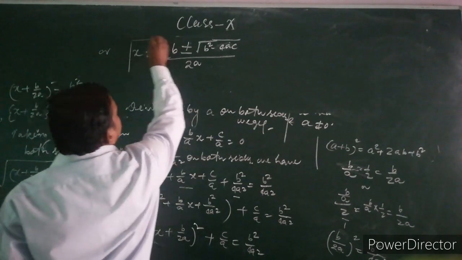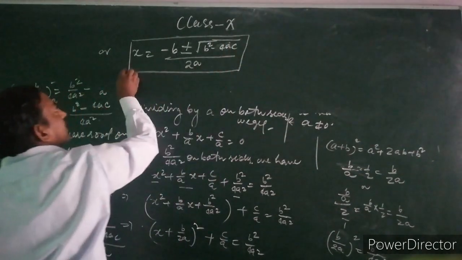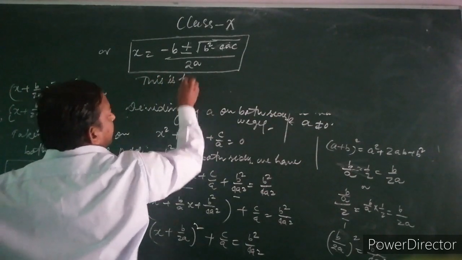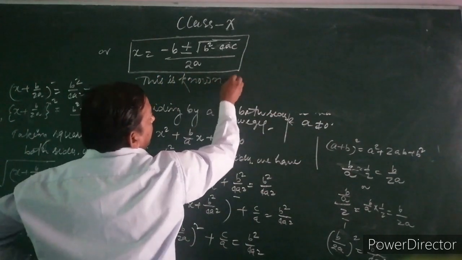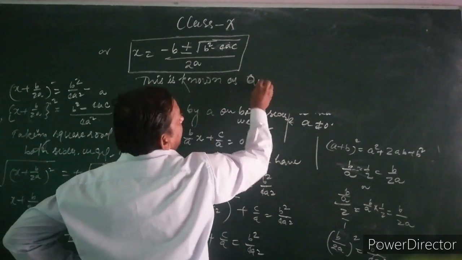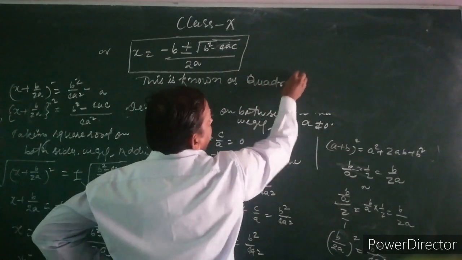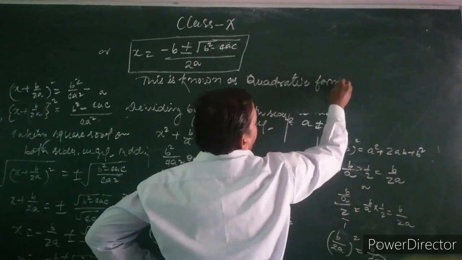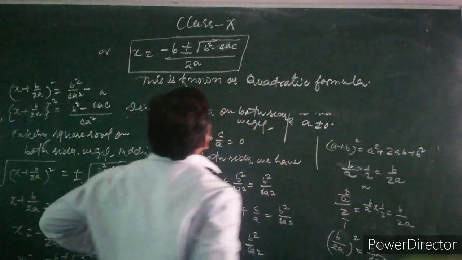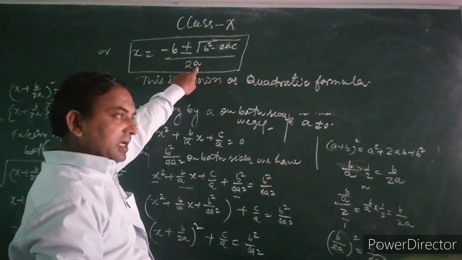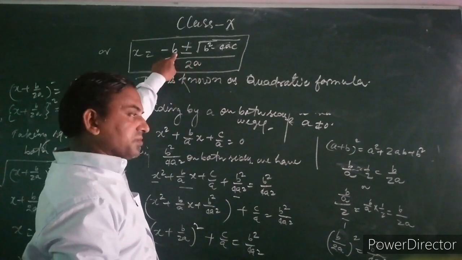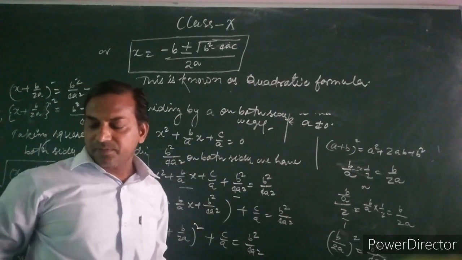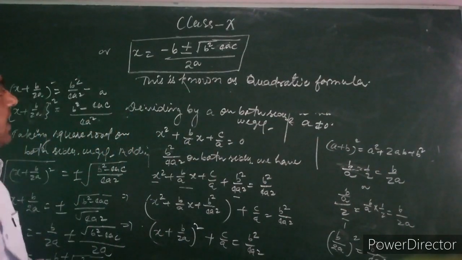This is known as the quadratic formula, where a is the coefficient of x², b is the coefficient of x, and c is the constant term. This formula we can also simplify.